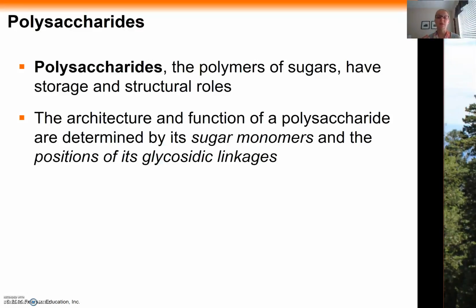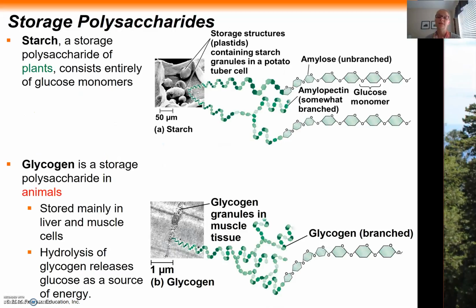And what determines whether you're going to have a structural or a storage polysaccharide is essentially how that particular polysaccharide has been put together. So what types of sugar monomers were used, and what are the positions of those glycosidic linkages that hold the monomers together. So let's take a look at examples of both structural and storage polysaccharides. Storage polysaccharides first. Animals and plants use 2 different kinds of storage polysaccharides.